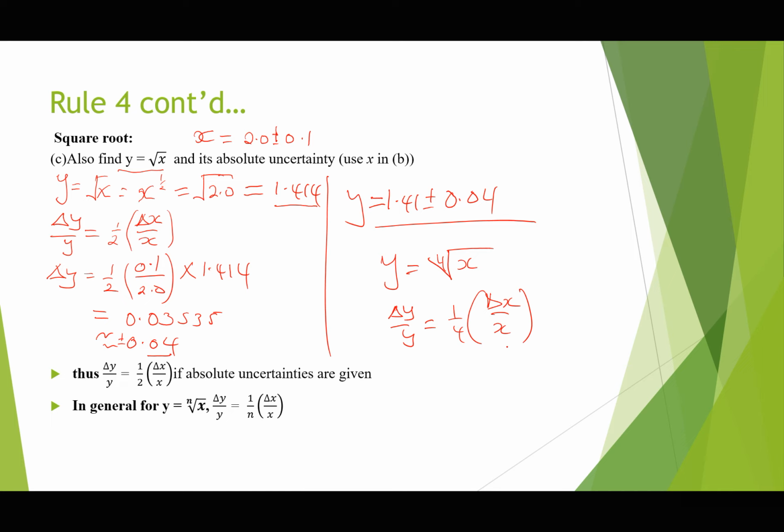So in general, if y is defined as the nth root of x, then the fractional uncertainty in y is always 1 over the root times the fractional uncertainty in the quantity. That is the rule on the roots. Not only square root, it can be any root. So I want you to mark that very carefully. Next.